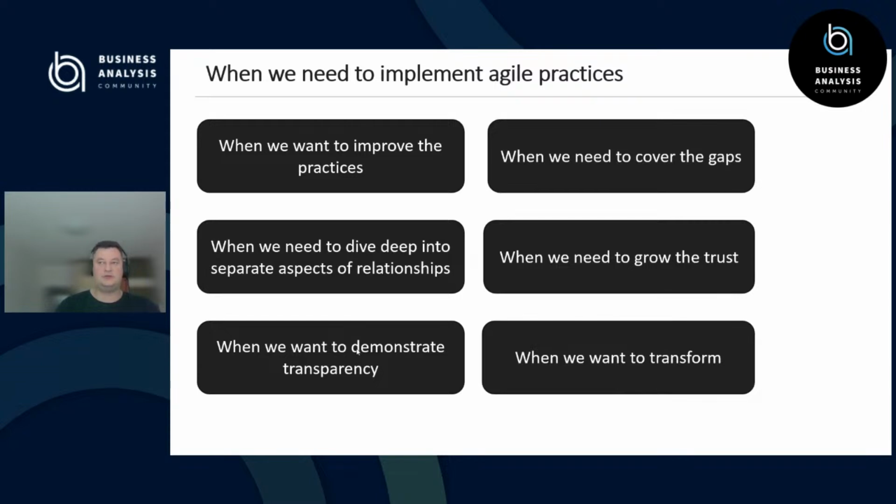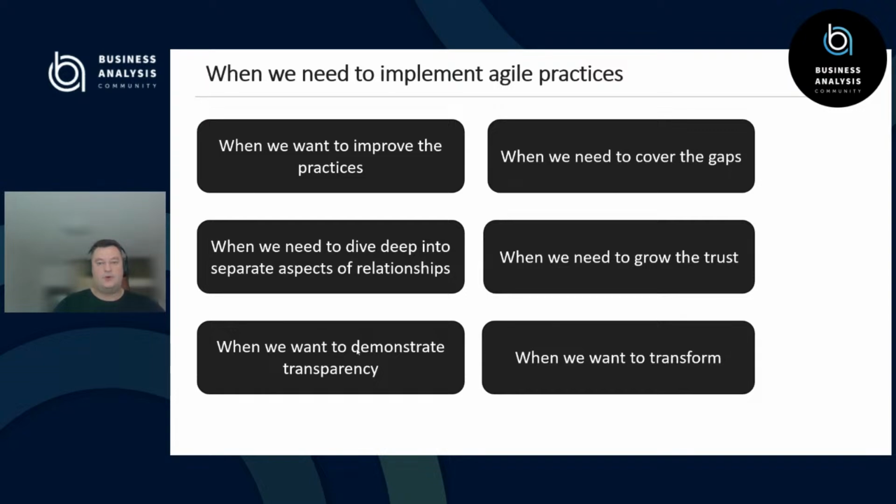We need to highlight and monitor some kind of improvement points in our relationships, and we need to deep dive to investigate what is the reason, and agile practices can help with that.